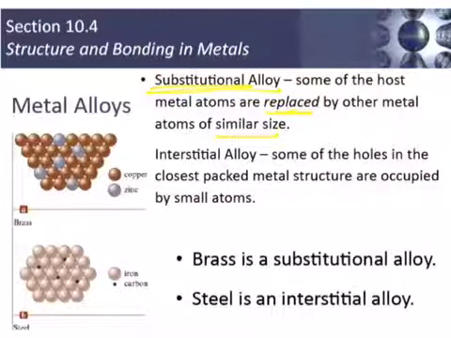Brass is a substitutional alloy: you have copper and zinc, and they're about the same size. Whereas an interstitial alloy has a metal structure where they pack in some smaller atoms. Here we have carbon packed into iron, in those little empty spaces, and that gives us steel. You need to know the difference and be able to draw a substitutional and an interstitial alloy.